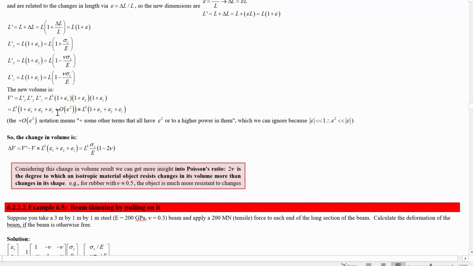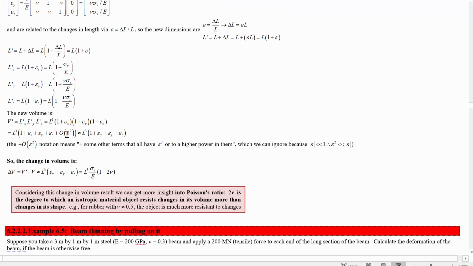This is very common in talking about the efficiency of computer algorithms, among other things. But this means plus terms that are at least going like epsilon squared. And those terms are going to be really small. Because epsilon's very small, we don't care about order of epsilon squared terms. Epsilon being like 0.1% means epsilon squared is 1 in a million, right?